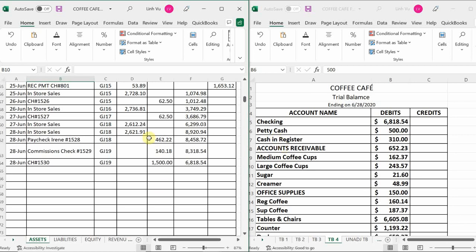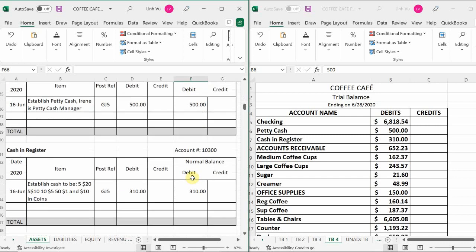You could technically self-reference it, but you have to be very careful because you're doing it from two separate worksheets. If you're doing it in the same workbook, you're able to do that a lot more easily because your work is all in the same file. However, these are two separate workbooks, so you may have transferring issues. So I just prefer to type everything out, but you want to make sure that it is matching 100%. So 68, 18, 54. Okay.